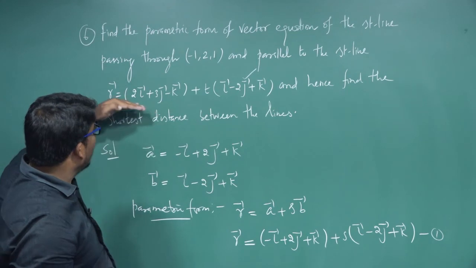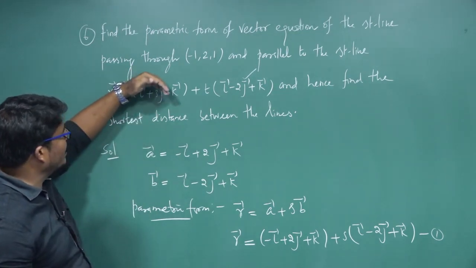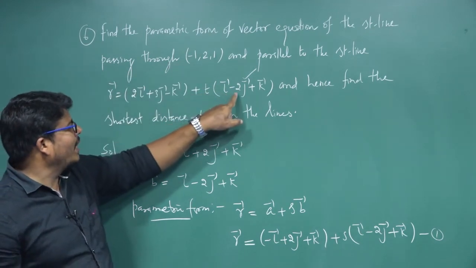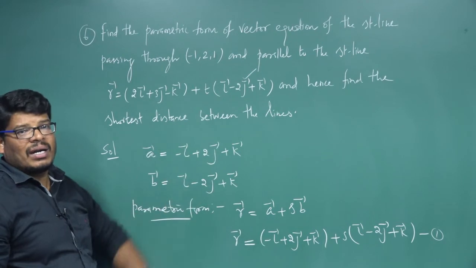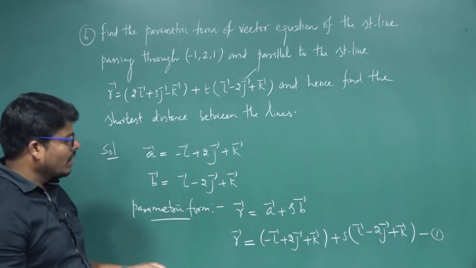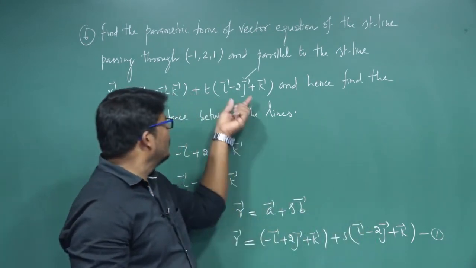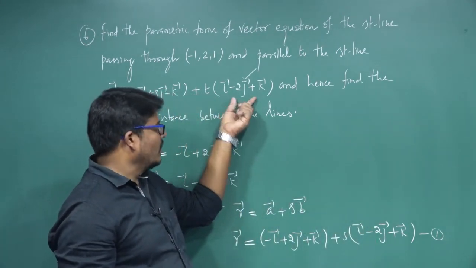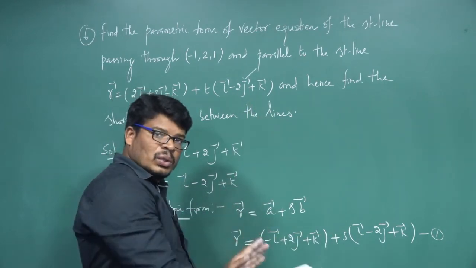The second line given is r vector equal to 2i plus 3j minus k plus t of i vector minus 2j plus k vector. Given the two lines are parallel, this i vector minus 2j plus k is the B vector, the same. So the two vectors are parallel, therefore the two lines are parallel.